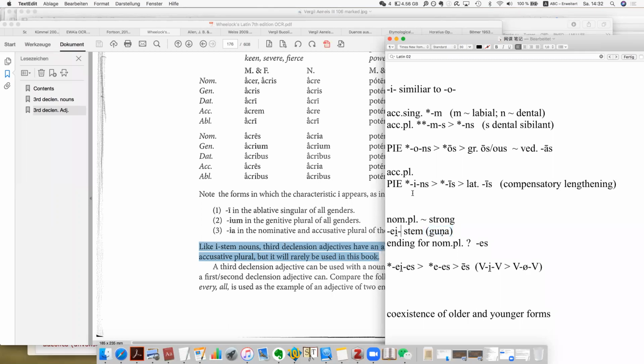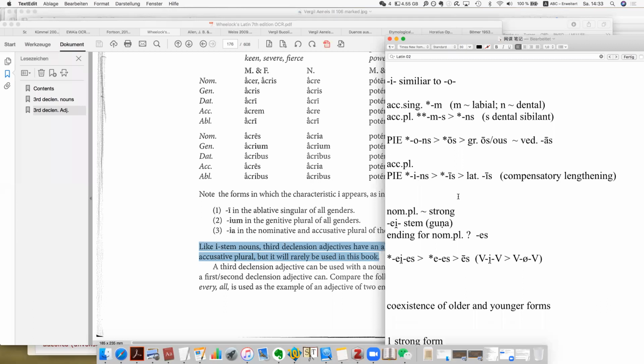The strong form of I, or the guna form of I, is E, and then we use the ending S. So we have this ES and then to S. So this is a regular nominative plural. And then in later stages, this nominative plural replaces the accusative plural, which happens a lot. I mean, the replacement, yeah.